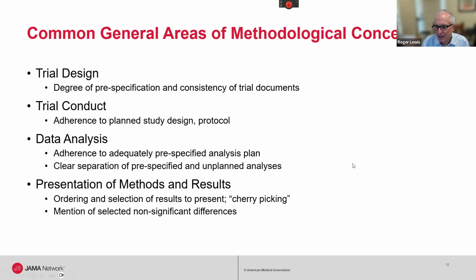And then lastly, selected mention of non-significant differences. It's very common with junior authors that the differences that were not significant that they didn't expect or didn't think were interesting, they just say these were non-significant, there were no significant differences in baseline characteristics at randomization.